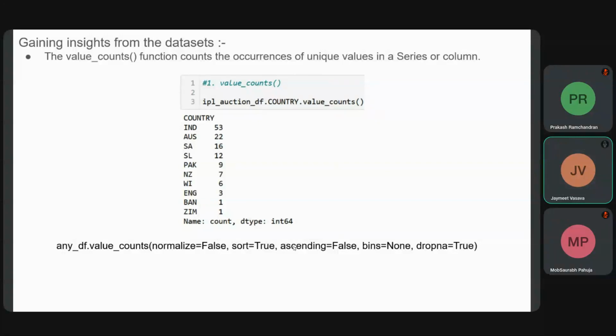Then comes ascending for sorting from lowest to highest. Then bins for creating different groups, and dropna for dropping the NA values. We'll be discussing these arguments as we discuss certain concepts while using value counts.